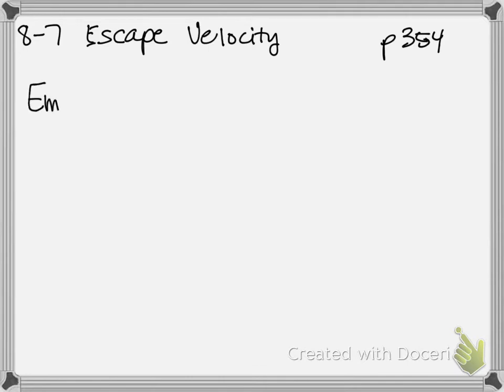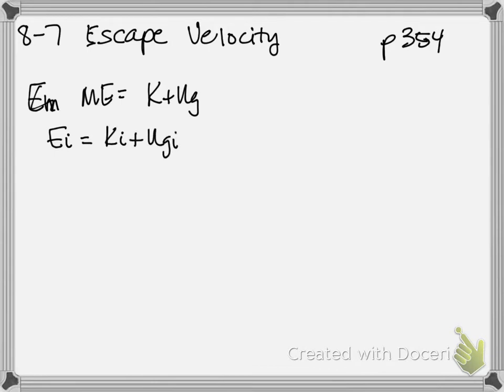Mechanical energy is equal to kinetic plus gravitational potential. We're assuming there's no springs happening here. So at the surface of Earth or any other planet, before you launch this object, our initial energy is initial kinetic energy plus the initial gravitational potential energy.